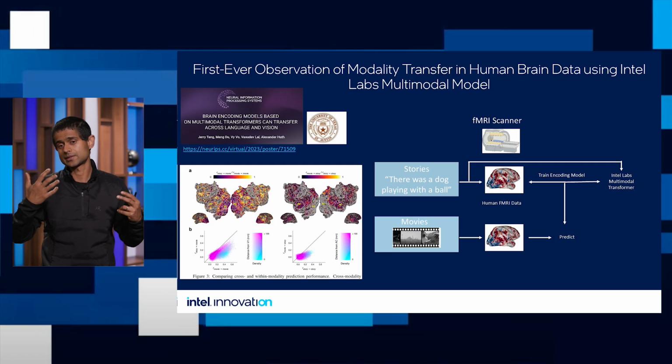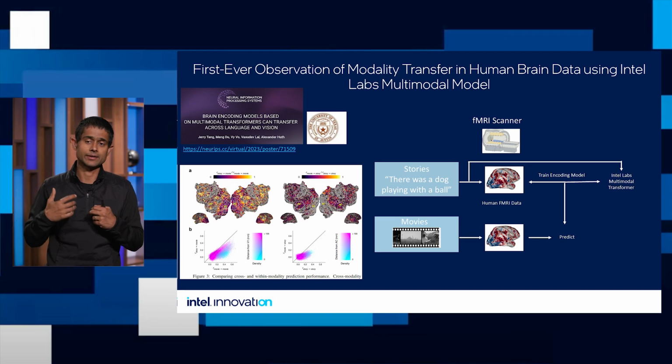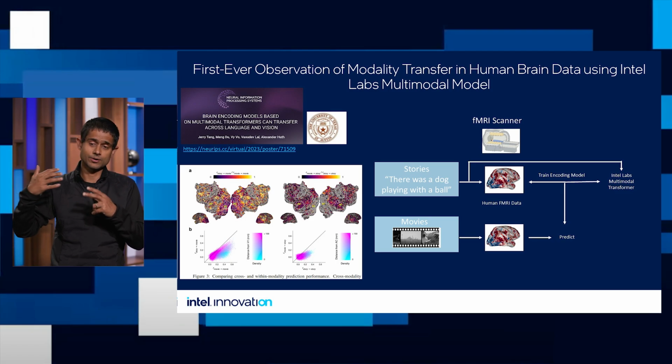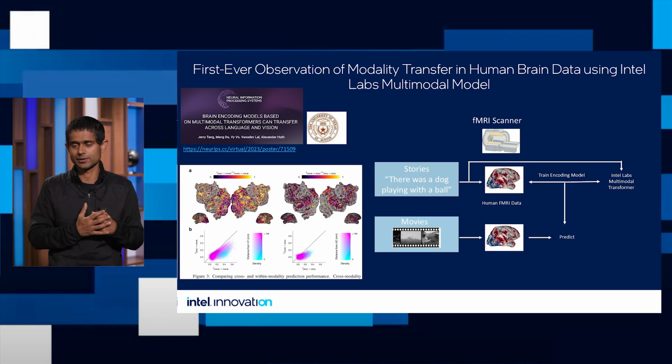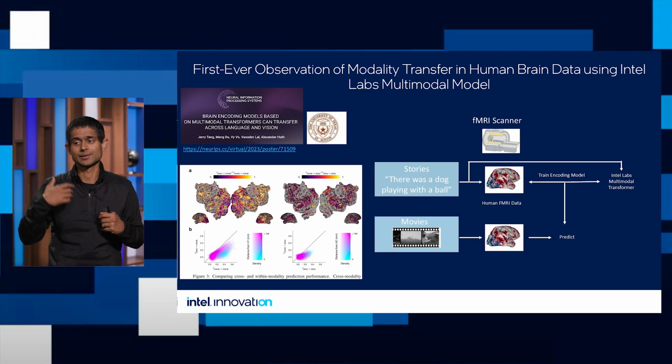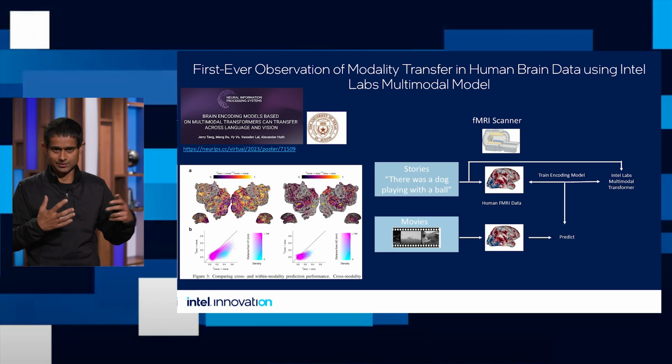Now, as they were listening to stories, their brain activation data was captured by the fMRI scanner, and we also processed the same story using one of the multimodal transformer models developed in our team. Then from the embeddings of the multimodal transformer model, we could predict the brain data for these human subjects that were listening to the story.